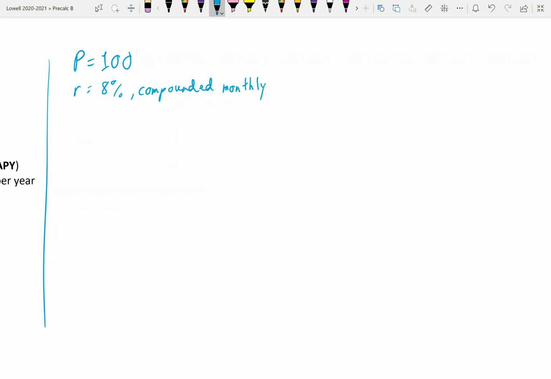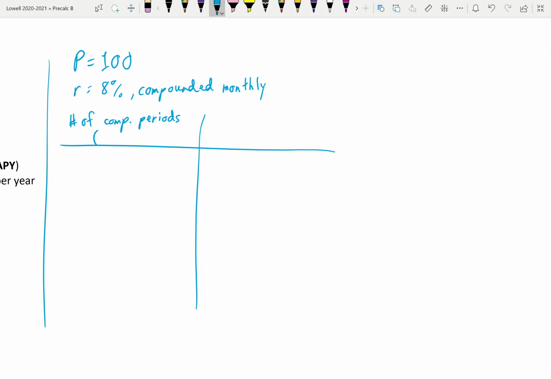Okay. What I'm going to do is create a table of the amount of money in your account as time goes on. And the way I'm going to count this is by compounding periods. So I'm going to create a little table here. This will be the number of compounding periods, and I'm just going to abbreviate that.